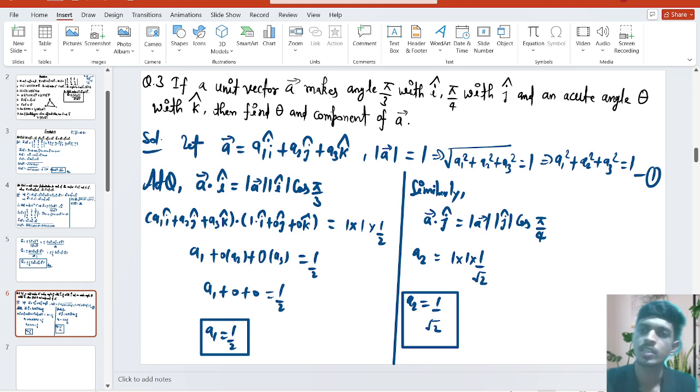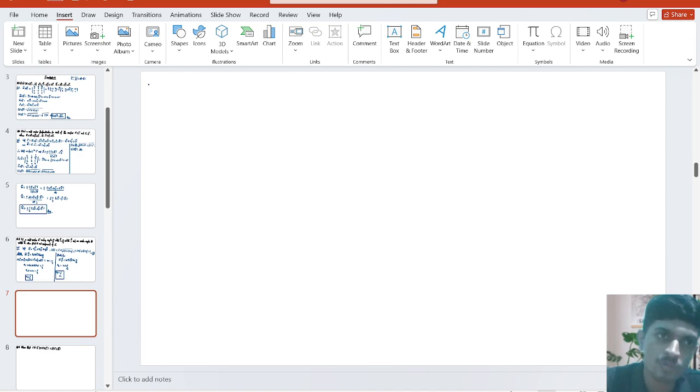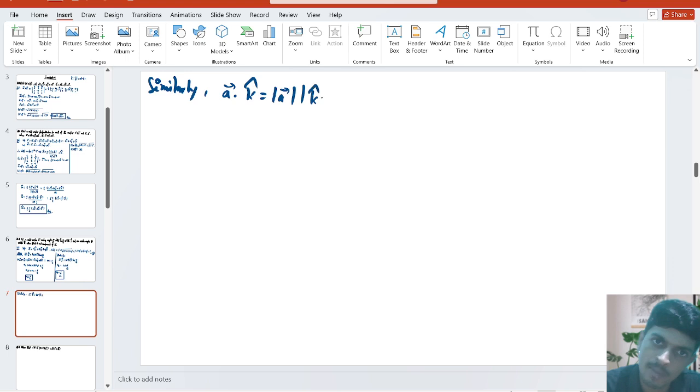Similarly, it is saying that this is making an angle theta with K cap. So vector A dot K cap is equal to modulus of vector A, modulus of K cap, cos theta. Theta is an acute angle, so theta lies between 0 and pi by 2.